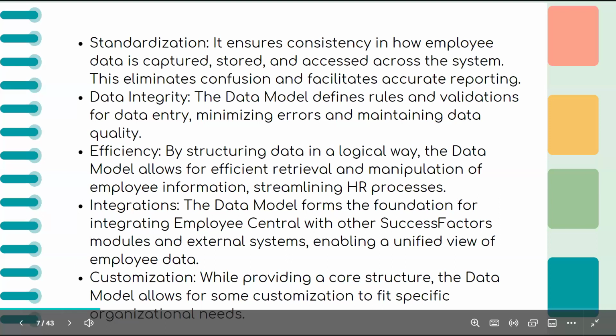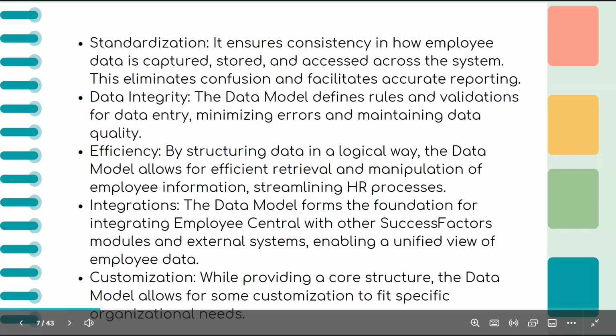The second point is data integrity. You must have seen the concept of a primary key, and the concept of a required or mandatory field. There are defined rules and validations, and with that, data integrity is maintained via your data model.